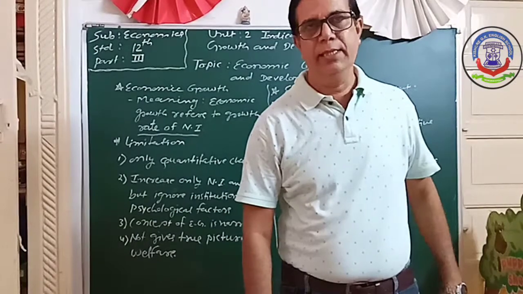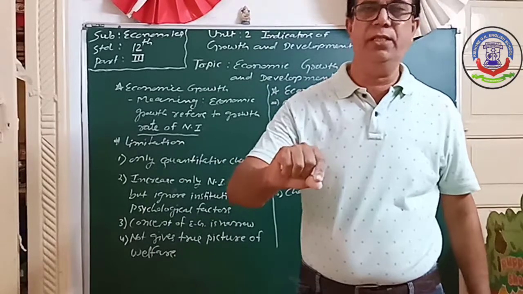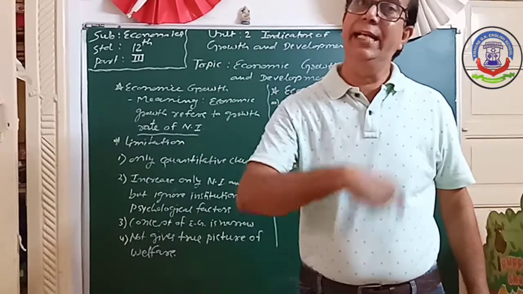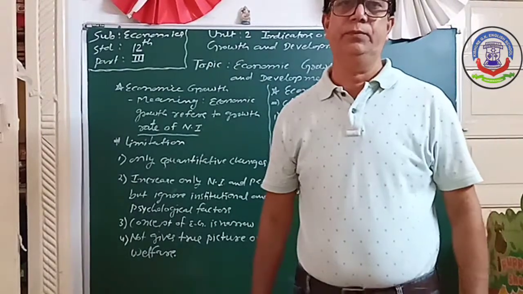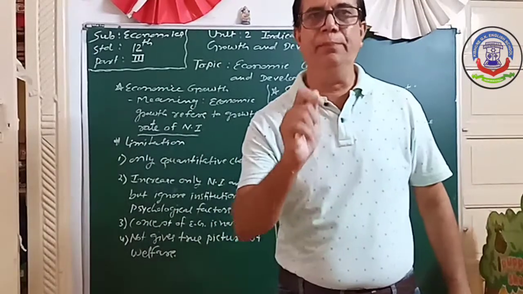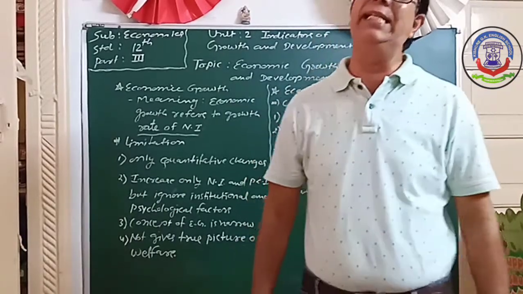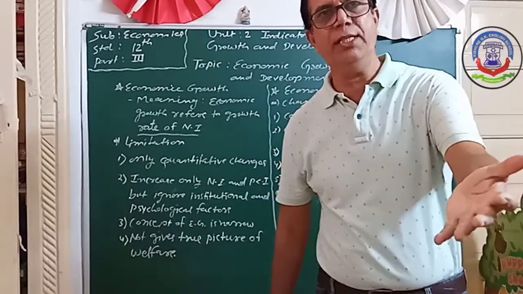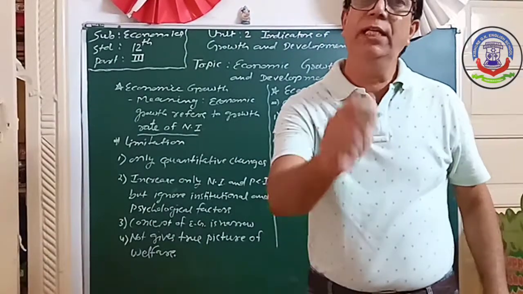National income is the monetary value of goods and services produced by man-made resources and natural resources of a country in 1 year. Once again, national income means the monetary value of total production of goods and services with the help of natural resources and man-made resources of a country in 1 year.